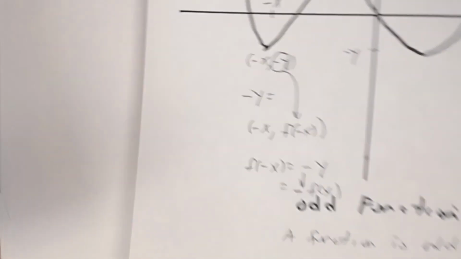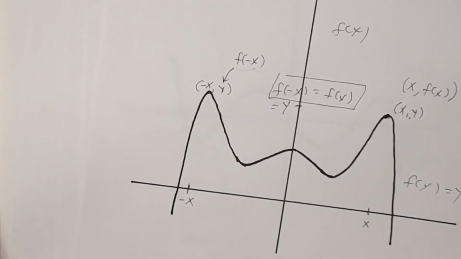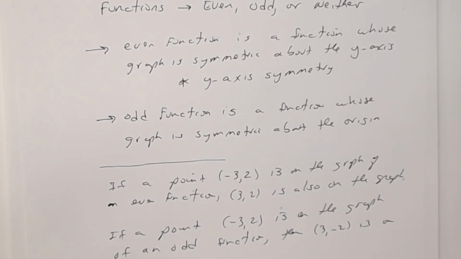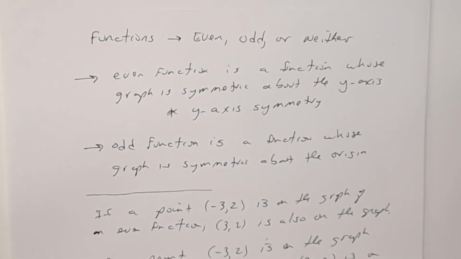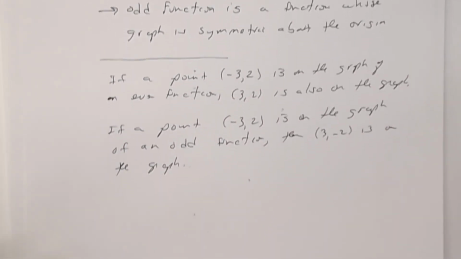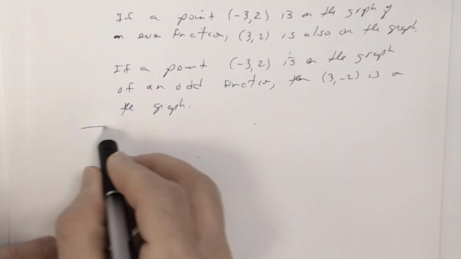Okay, now let's go back to that original page we had. The original page, meaning that first page we talked about where we had functions, whether that's even, odd, or neither. And I want to put this as well now. So I'm going to put this at the bottom. It's going to be important.